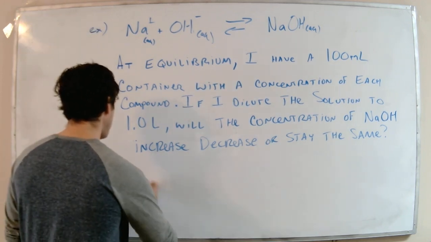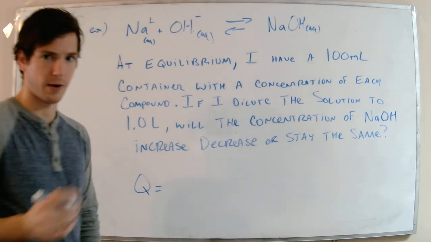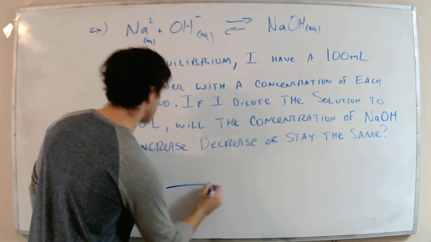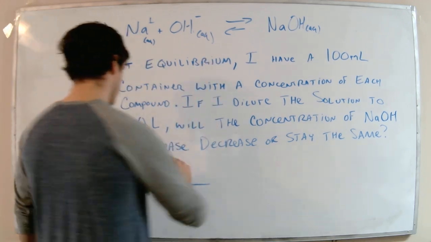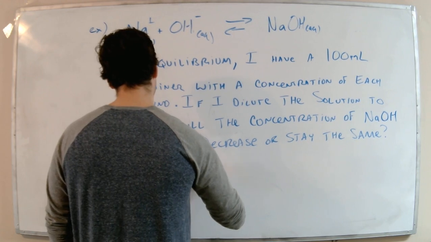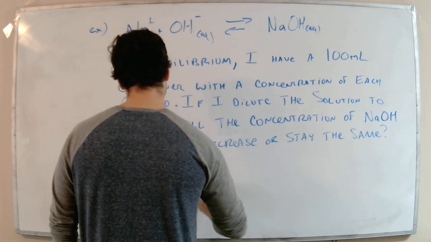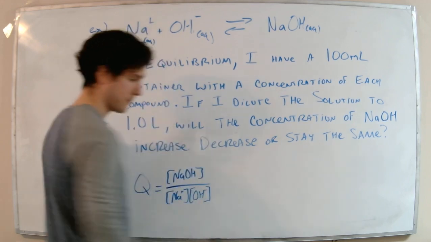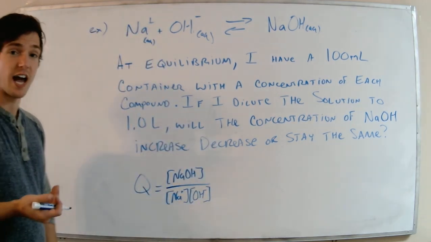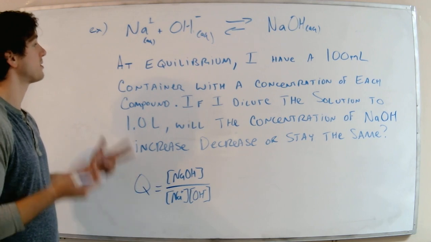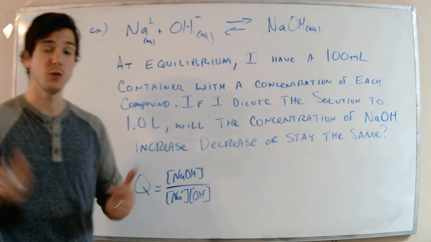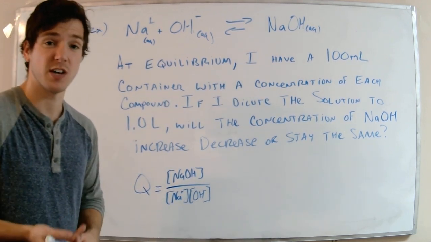So originally, right, we will have a Q expression of products over reactants. Essentially, NaOH over Na plus and OH minus. Okay, so essentially, I have this reaction here. That was at equilibrium, but then I diluted it by a factor of 10.